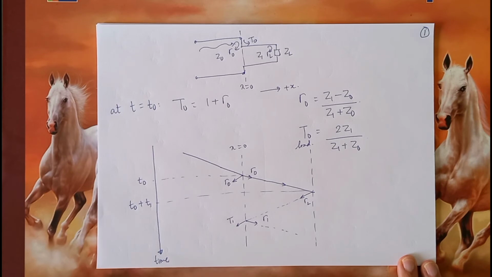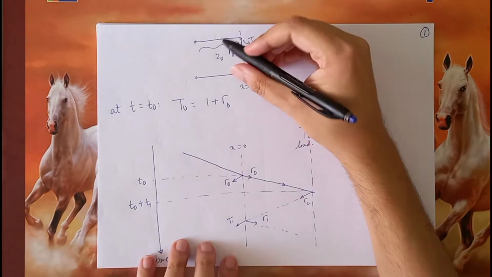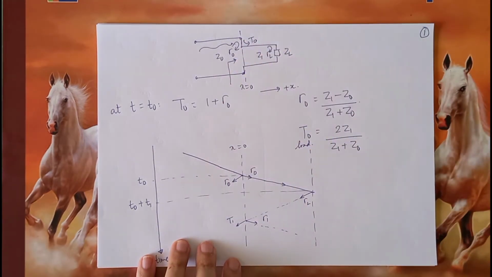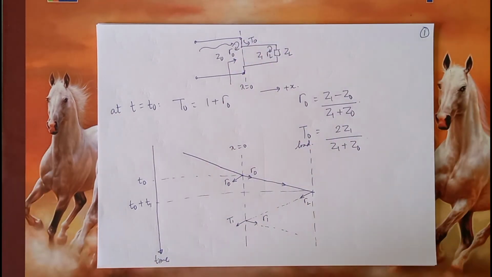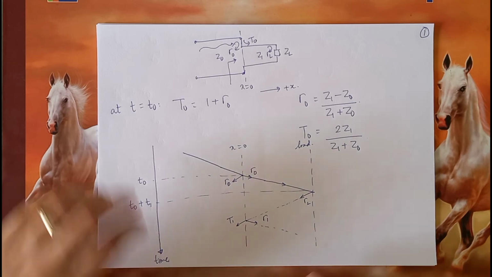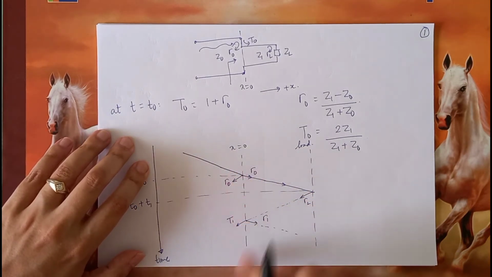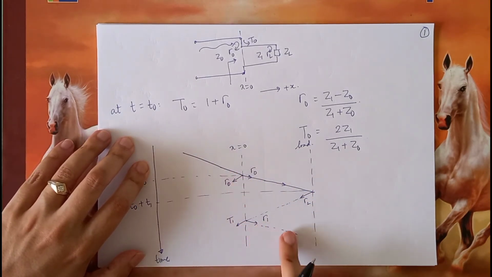So what we are seeing is that when we are looking into this junction, we expect to see the reflection as a single quantity. But that's not the case. Effectively, we are seeing a multitude of waves. And if I draw these more, you will see that there are more reflections.